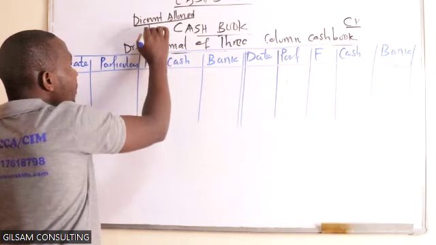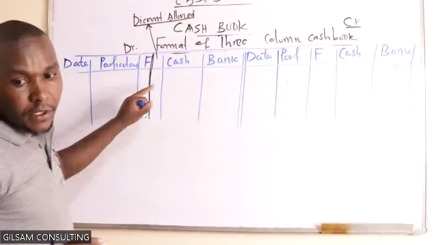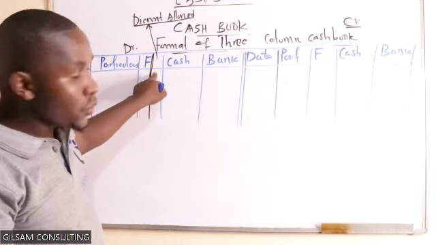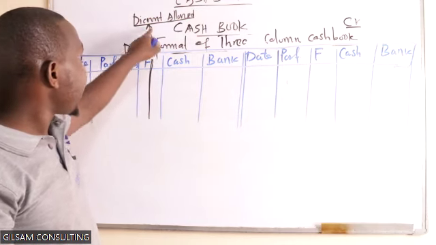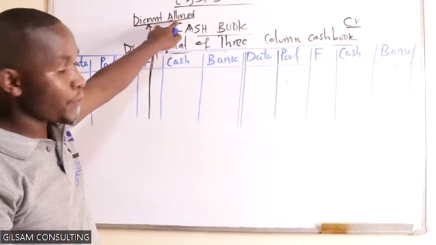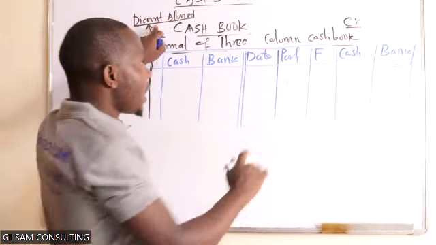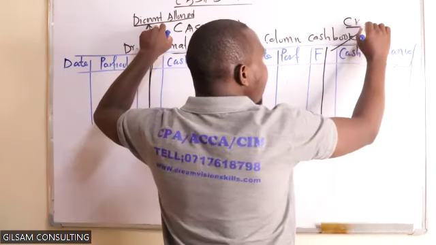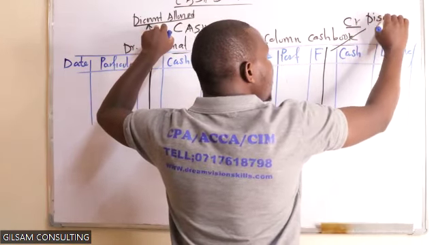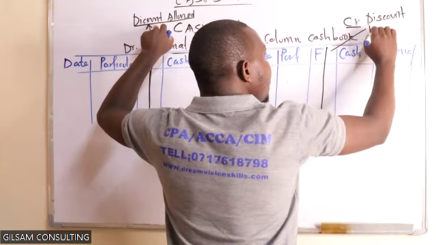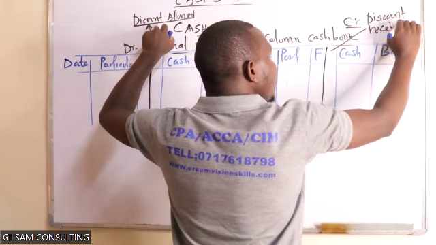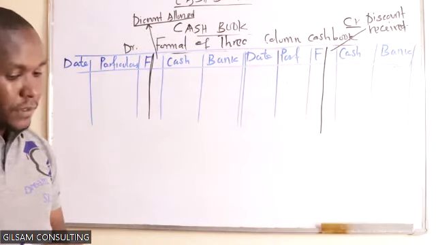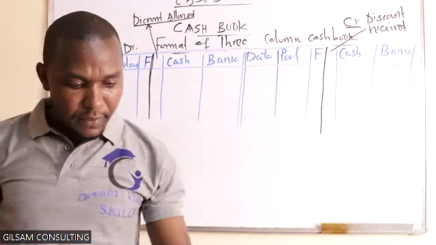So just on your page, you introduce a new column and call it discount allowed. The same case here on the other side, we introduce a new column and call it discount received. So draw that and then we look at some illustrations.